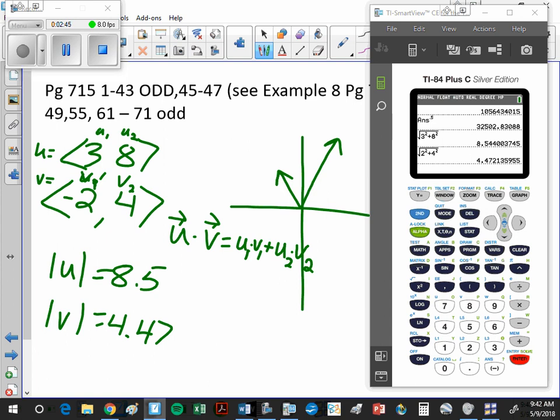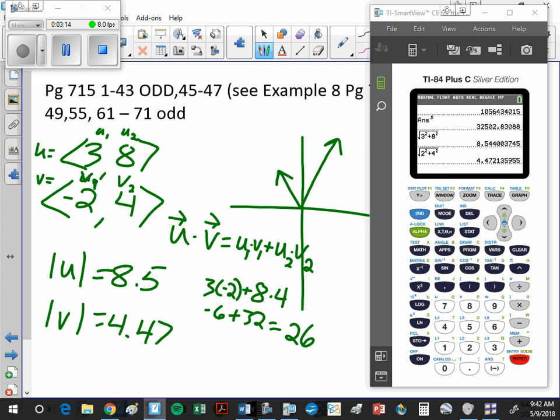So in this case, we're going to do 3 times -2 plus 8 times 4. That gives me -6 plus 32, which is 26. Did I do that right? 3 times -2 and 8 times 4.